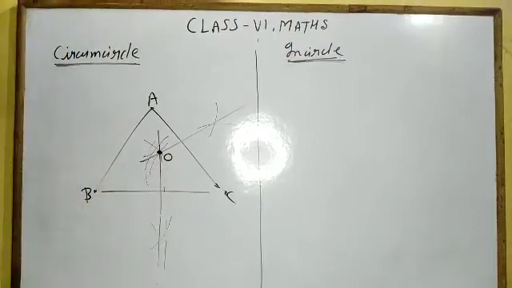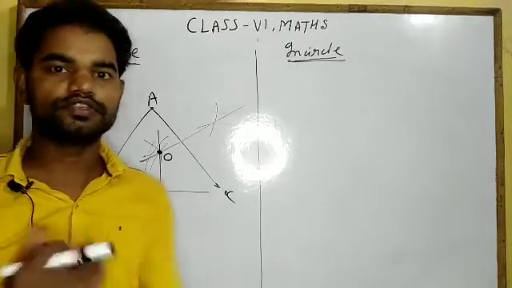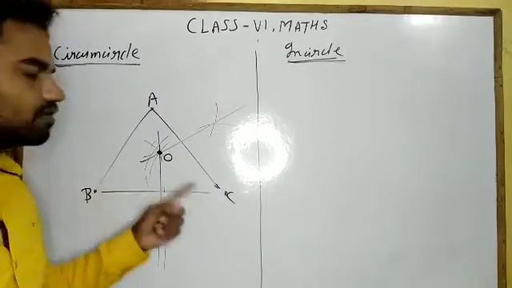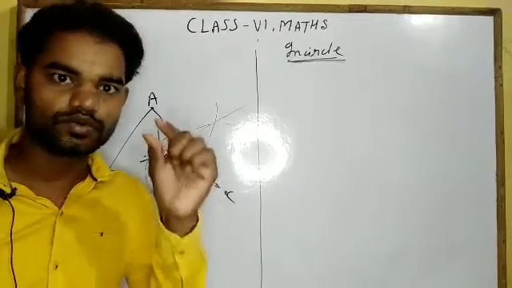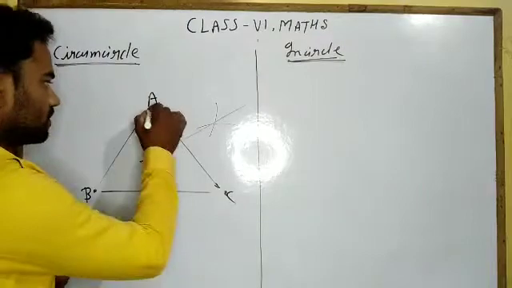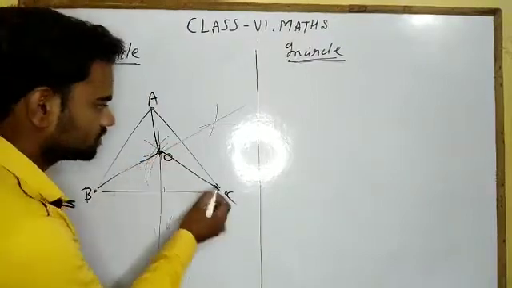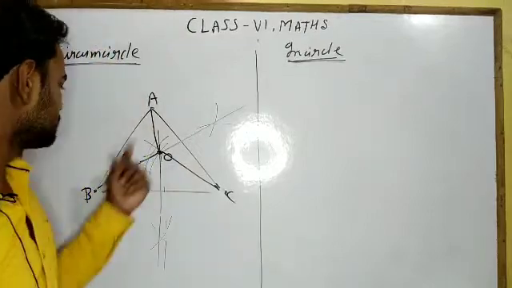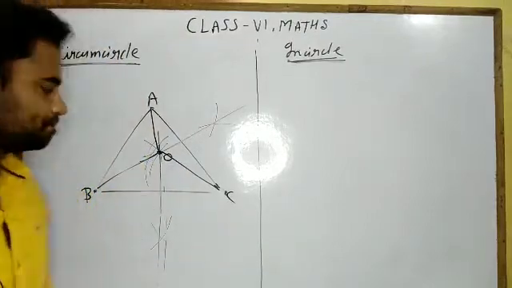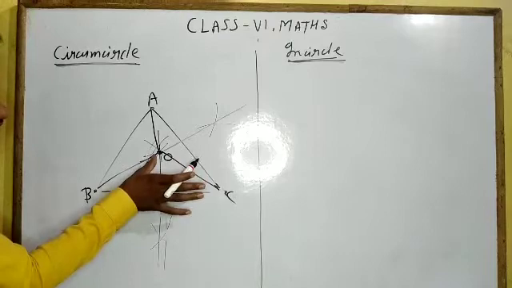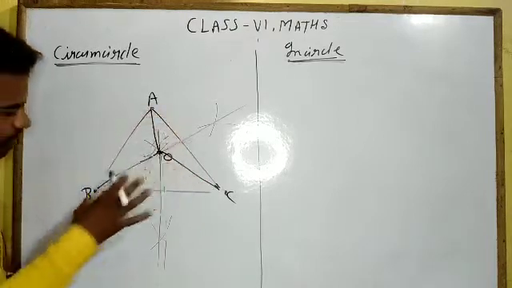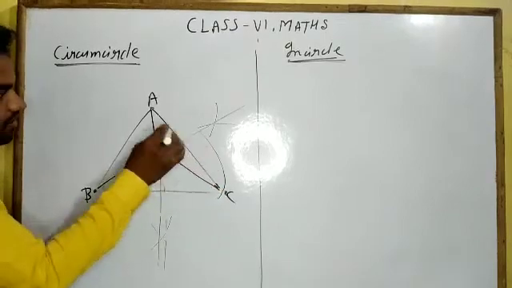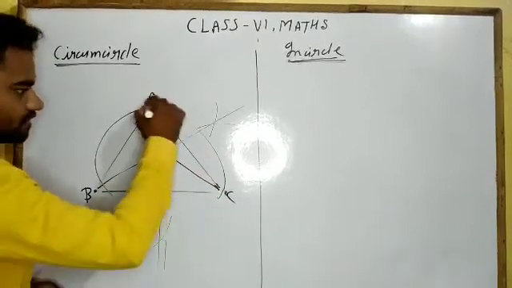Now, second point, we have to find out the radius. Which radius we have to take? You can take the radius OA, OB or OC. Now, taking O as a center and OA, OB or OC as a radius, draw a circle which passes through all the three points A, B and C. Taking O as a center, OC, OB or OA as a radius, draw a circle which passes through all the three vertices.